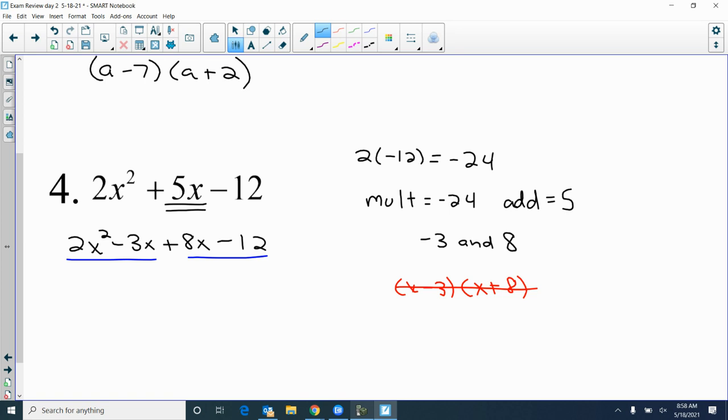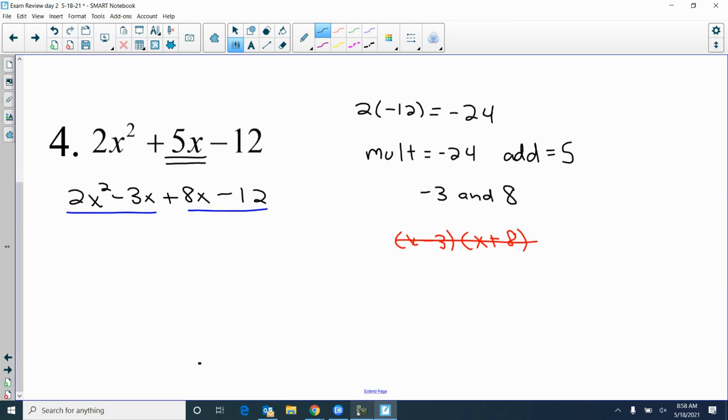Now take a look. GCF of the first pair is just an x. And so that becomes x times. Second one is a 4, and whatever that sign is, you want to attach it to that, so it's a plus 4. 8x divided by 4 is 2x.